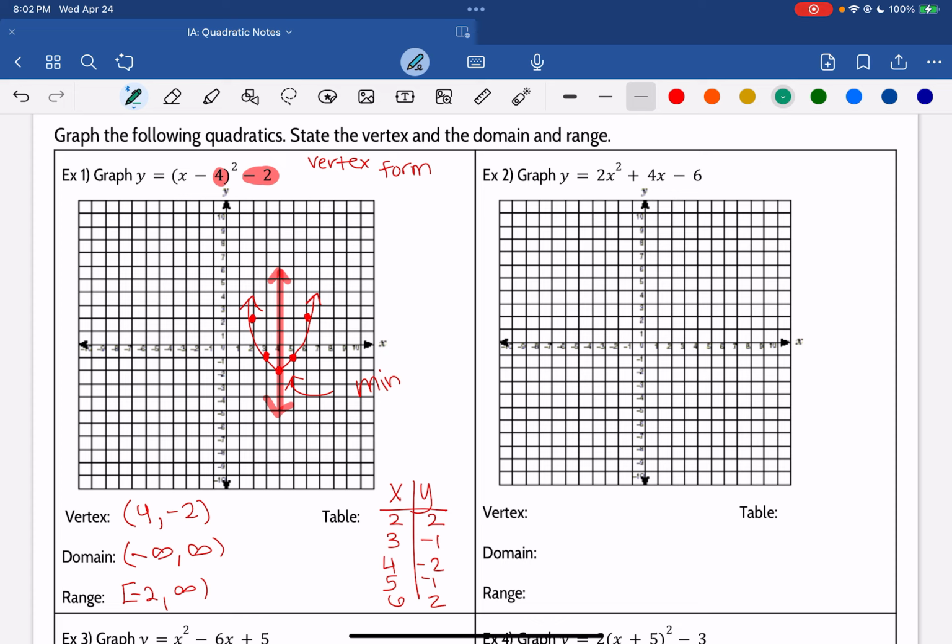Okay, number 2. So if we look at this equation, we have that ax squared plus bx plus c form, which means this is that standard form. So we're going to have to find our axis of symmetry, which means we're going to have to use the equation x equals negative b over 2a to find that.